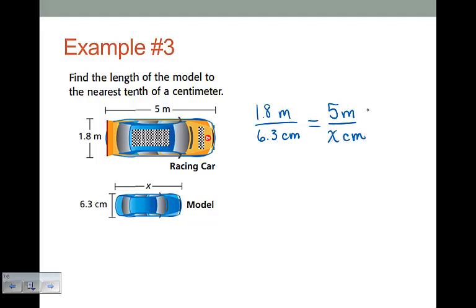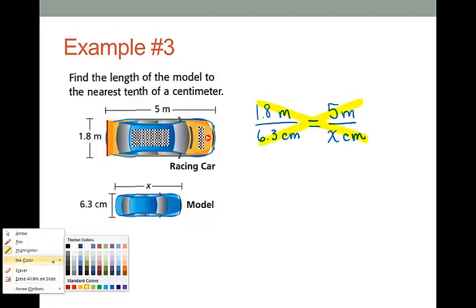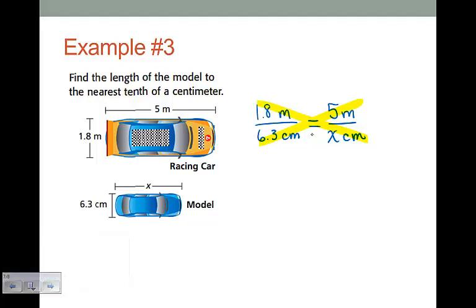Then we're going to solve our proportion just like we did in the previous lesson, and we're going to cross multiply. When we cross multiply, we get 1.8x equals 5 times 6.3, which is 31.5, and then divide both sides by 1.8, and we get x is equal to 17.5.